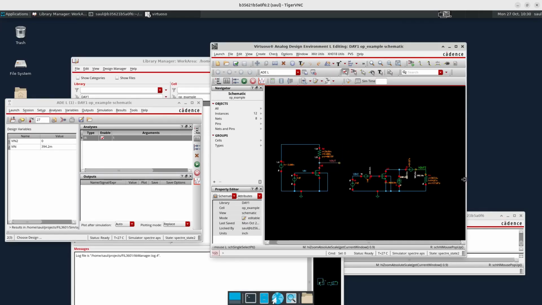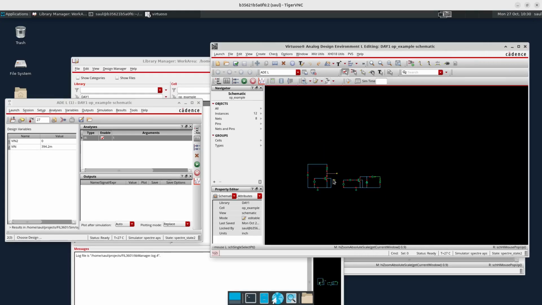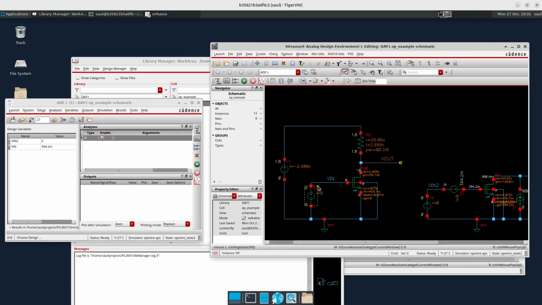We have a small amplifier in which we have connected power supply, resistor, so we have included this as a biasing network, and then I have placed 394.2 millivolts.